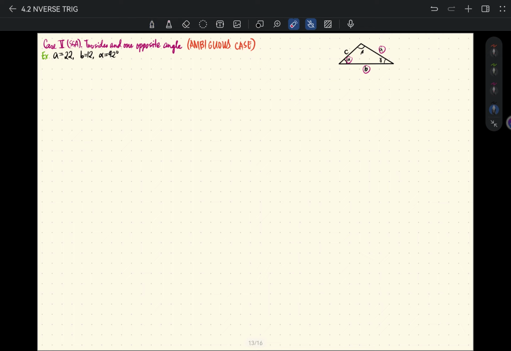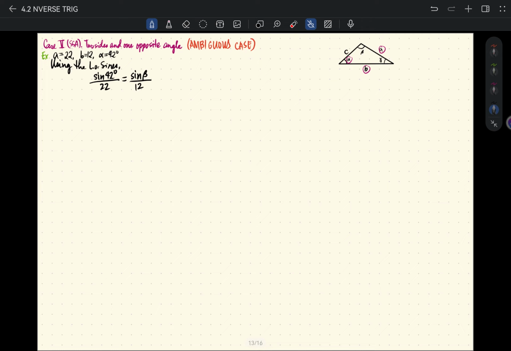So right here you have A and alpha, which are opposite each other, and you have B. So it's quite easy to look for beta using the law of sines. So using the law of sines, we have right here sine of alpha, sine of 42 degrees over A, equals sine of beta over b, which is 12.